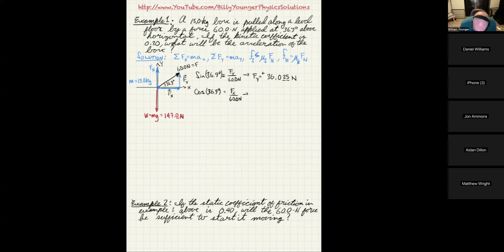So again, I'm forcing this by writing F sub x is equal to positive, and now what I'm going to do is take 60.0 and multiply it by the cosine of 36.9 degrees, which should be 0.8. Yeah, I think so. Anyways, you're going to get 47.981, and that gives me 2 extra sig figs, just like I did before.